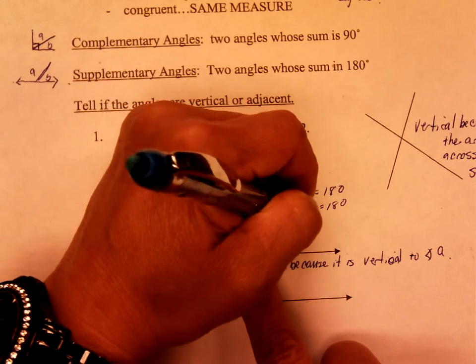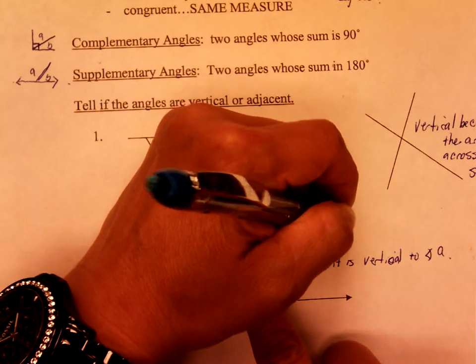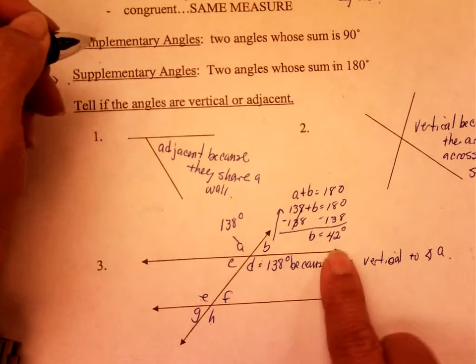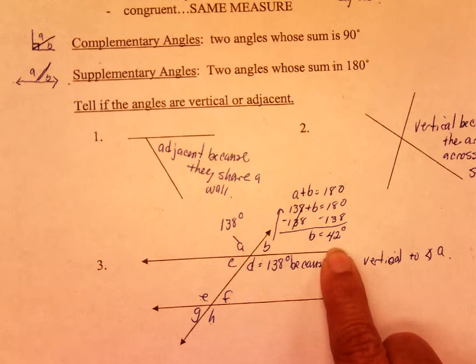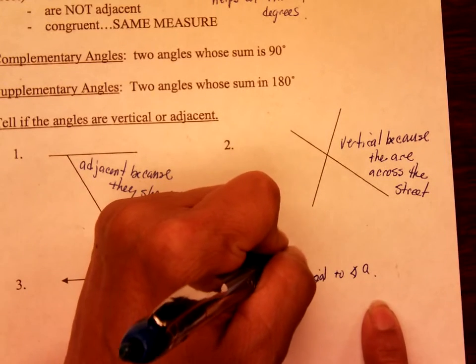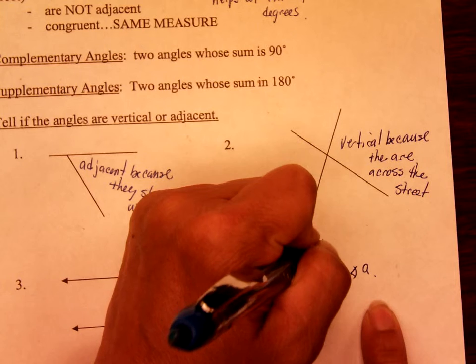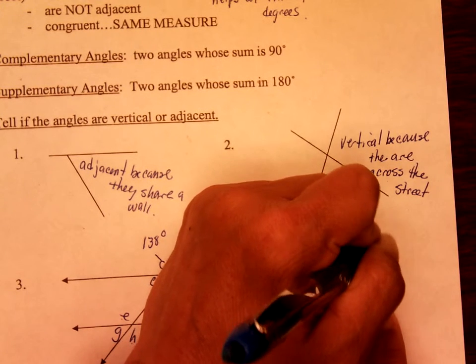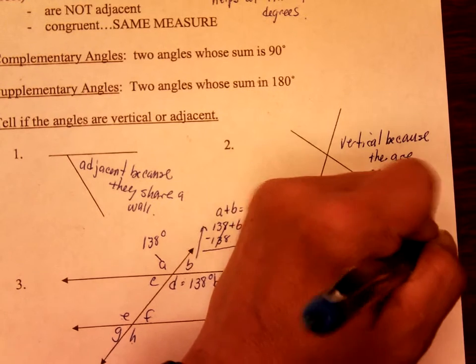Subtract 138, and B is equal to 42 degrees. You have to give your reasoning still. So B is 42 degrees because it's supplementary to angle A.